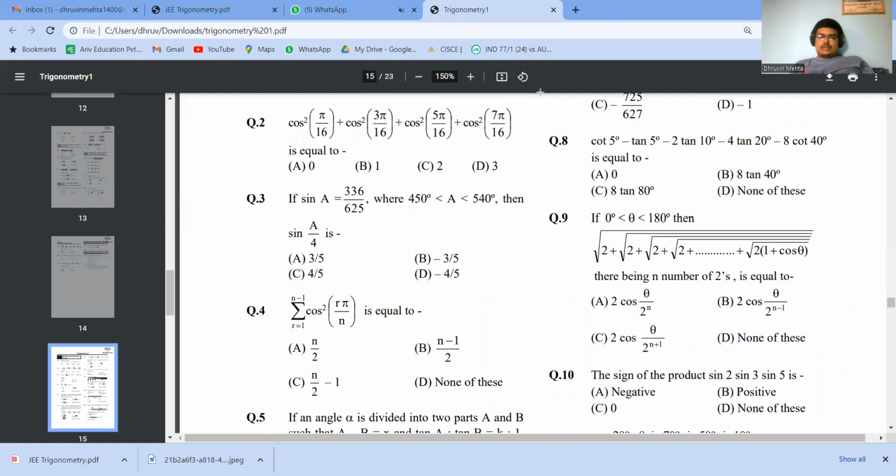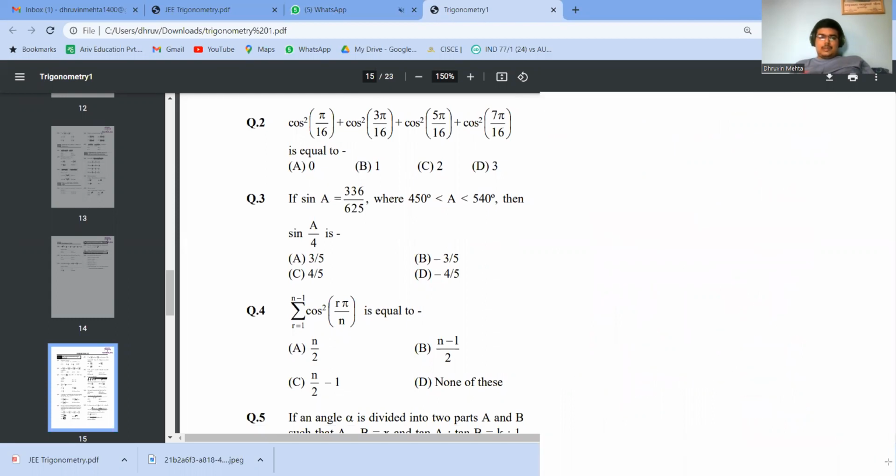So think about this, guys. Cos square pi by 16 plus cos square 3 pi by 16 plus cos square 5 pi by 16 and cos square 7 pi by 16. We have cos square theta. So what should we do?